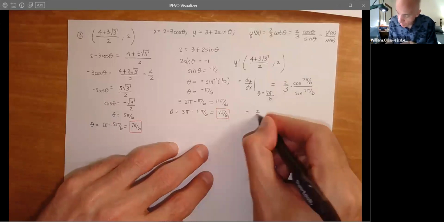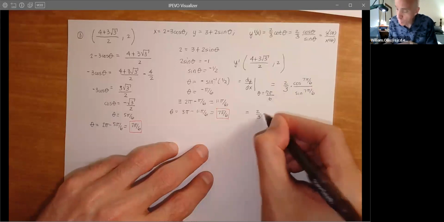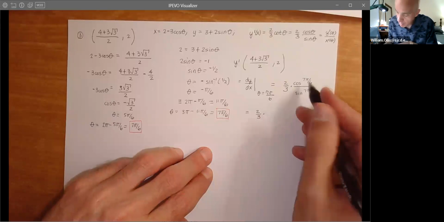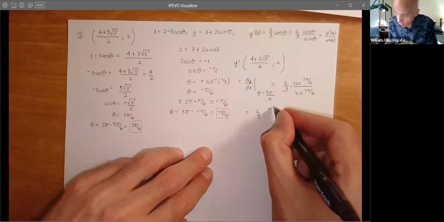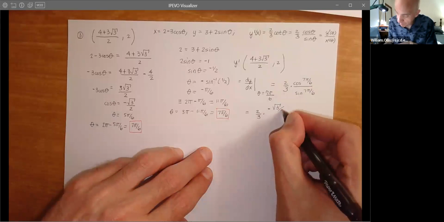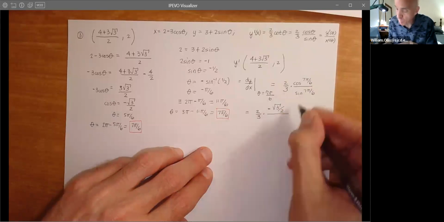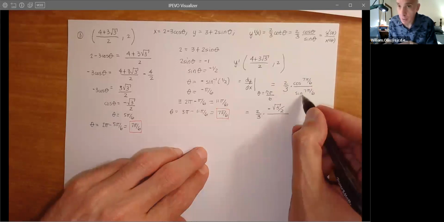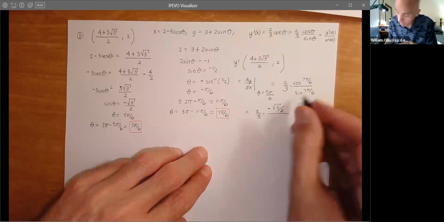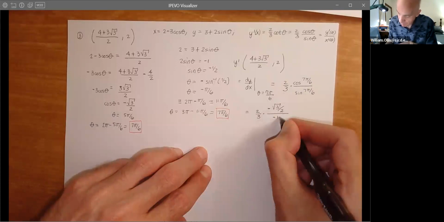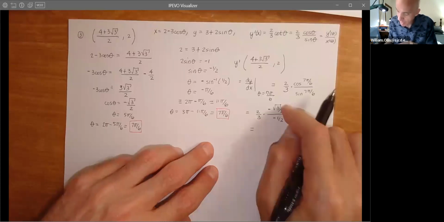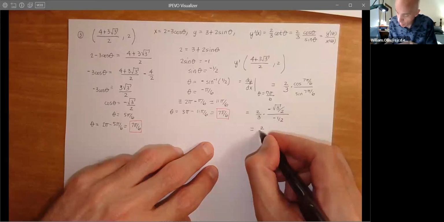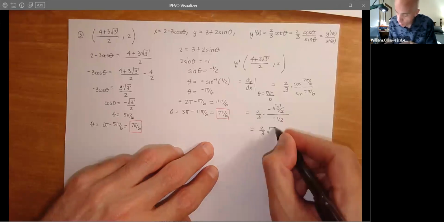So we get 2/3. Now, of course, the cosine of 7 pi/6 is going to be -√3/2. And then the sine of 7 pi/6 is -1/2. So now the 1/2s go away and the negatives go away, and we just get 2/3 times √3.